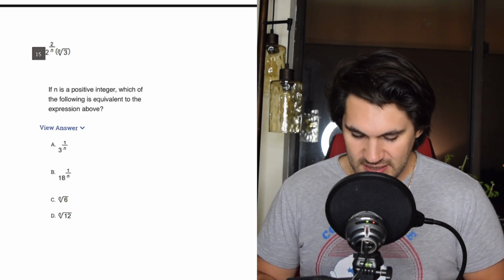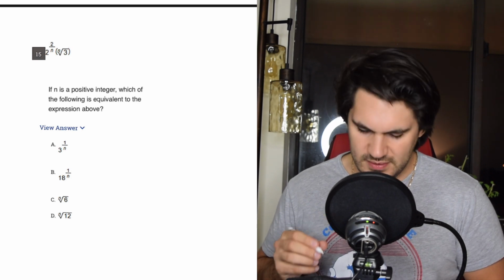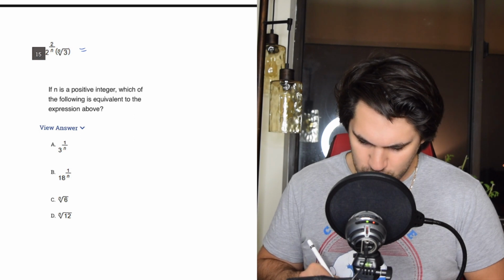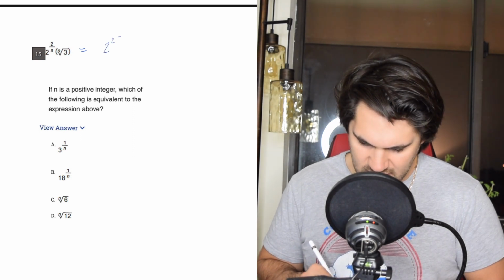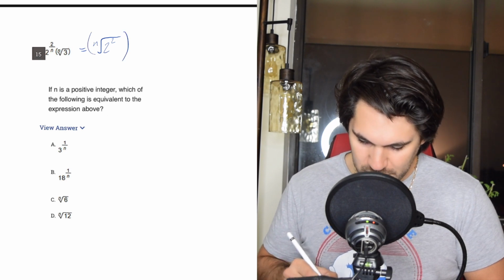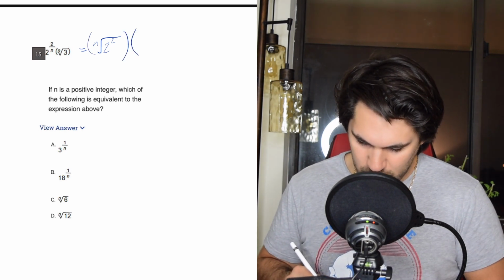So the way you could do this algebraically is, let's rewrite some of the stuff. So this is the same thing as 2 squared, and you take the nth root of it. So we've got this, and we're multiplying it by the nth root of 3.